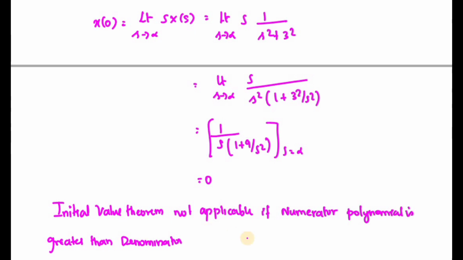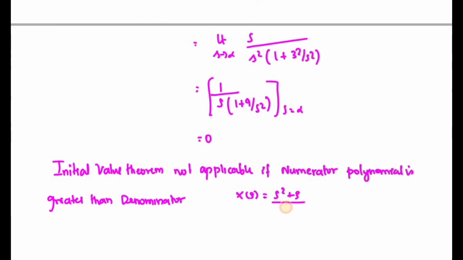For example, X(s) is equal to (s squared plus 3) divided by (s plus 1). For this one, the initial value theorem is not applicable because it is s squared in the numerator, while here it is s. Next, if it consists of an impulse function, the impulse function is delta of t.